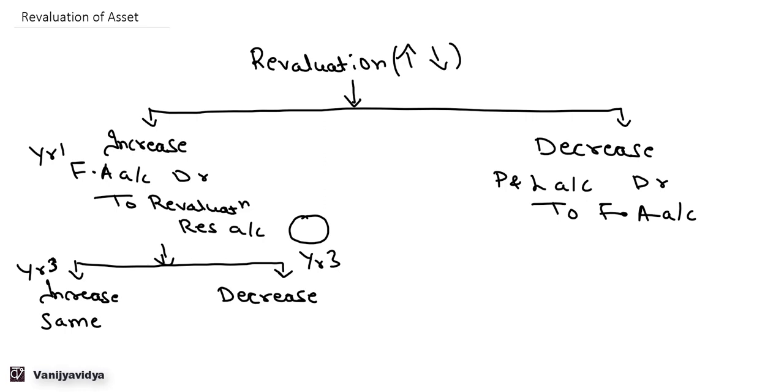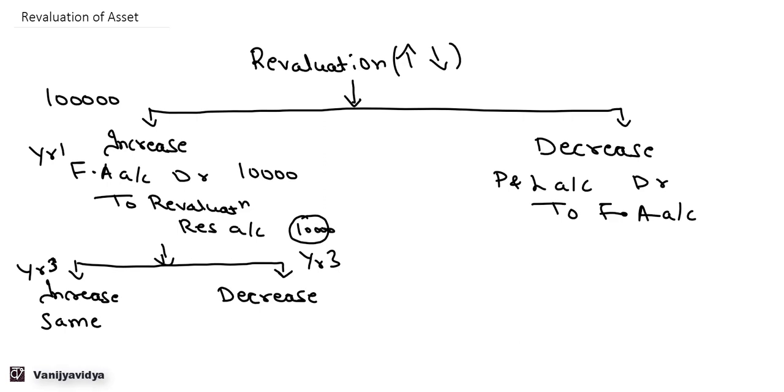For example, say the value of the asset was 1 lakh before revaluation. Then in year 1 there was a revaluation and the increase in the value was 10,000. So revaluation reserve 10,000.